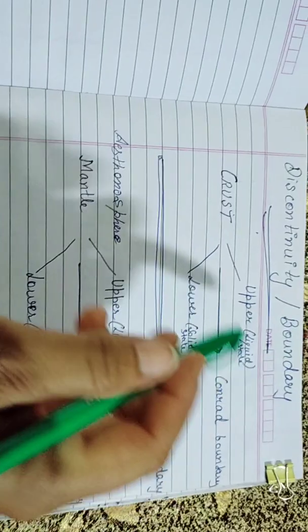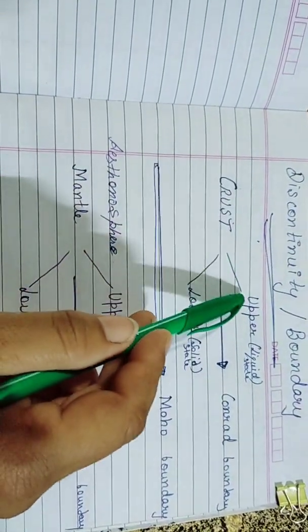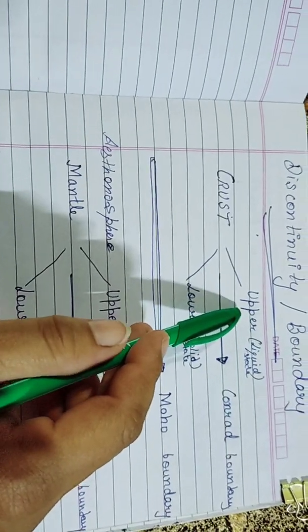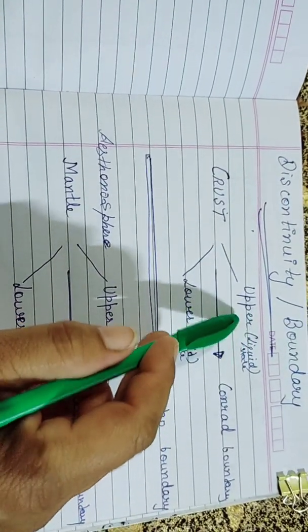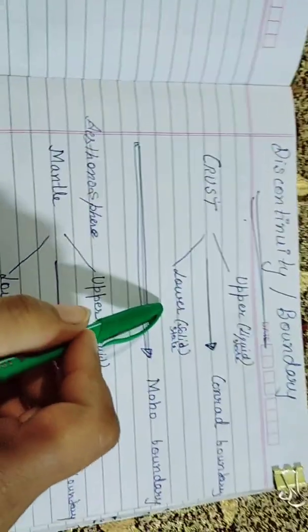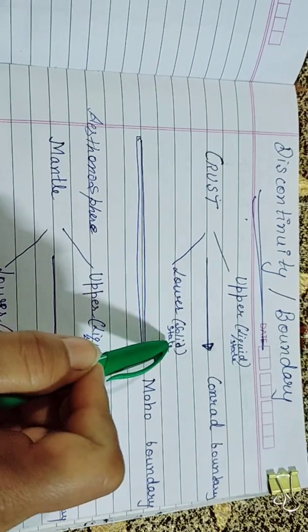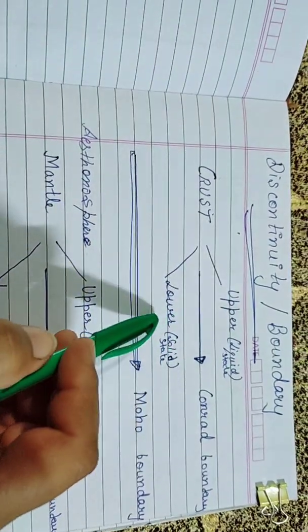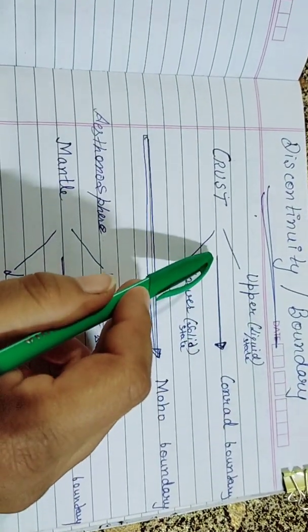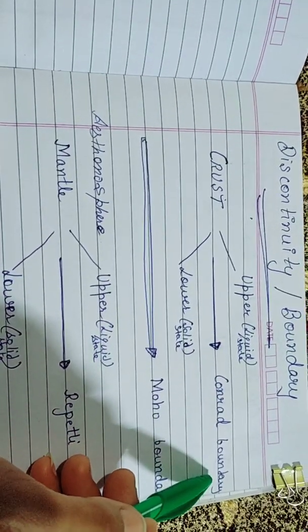So come here. The crust is further divided into two parts, upper crust and lower crust. The upper crust has a liquid state and the lower part has a solid state. In between the upper and lower crust there is a boundary line known as the Conrad boundary.